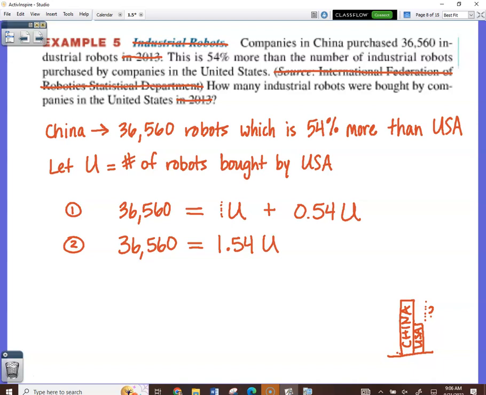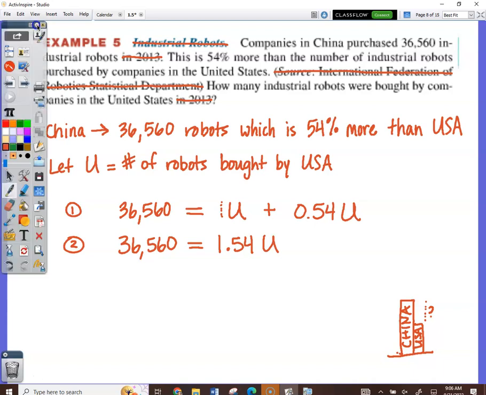What's 100% as a decimal? 1. Which is why this equates to 154%. So you had to find 154% of the U.S. to balance it out. Okay?